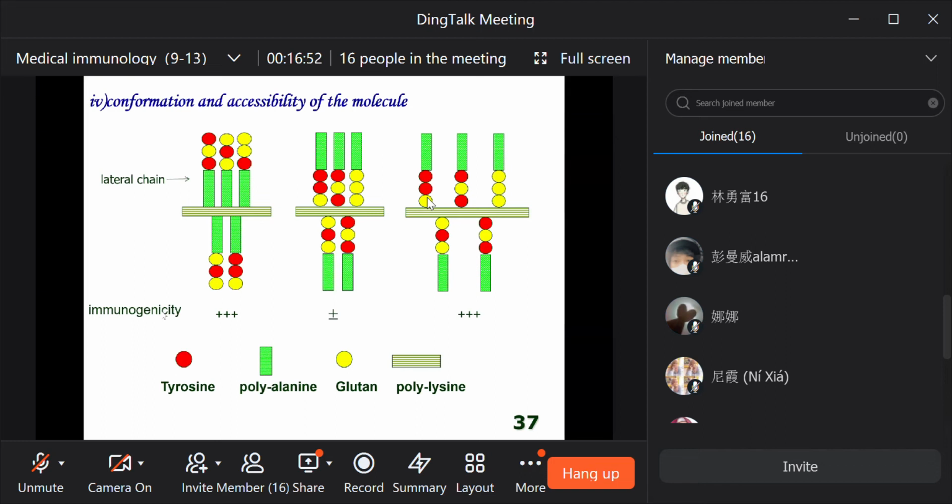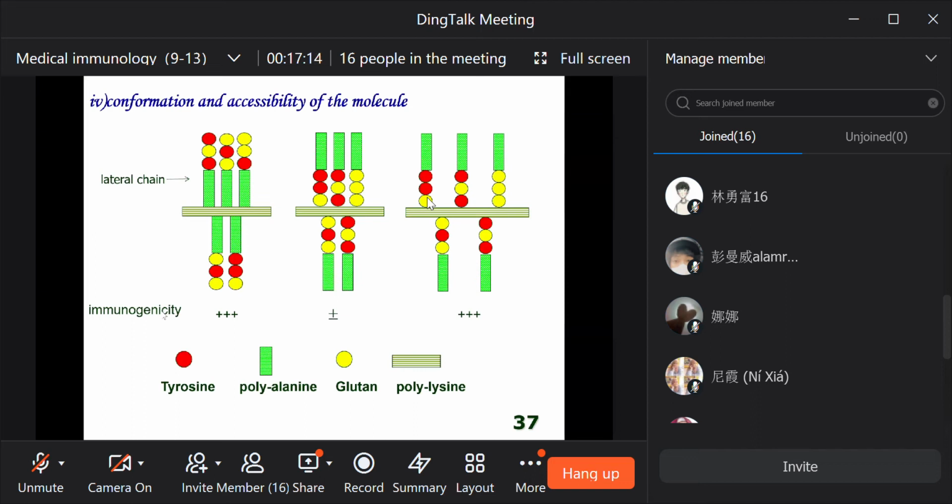In contrast, the middle model shows the same distance between the lateral chains, but the cycle structure is inside the molecule rather than on the surface.